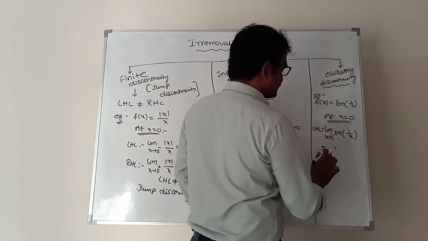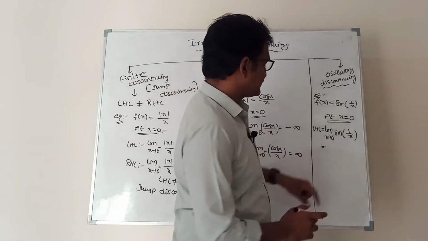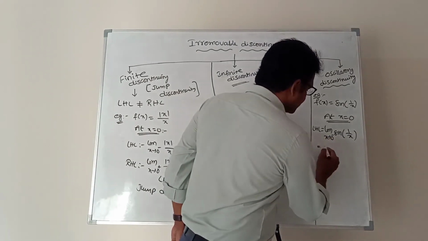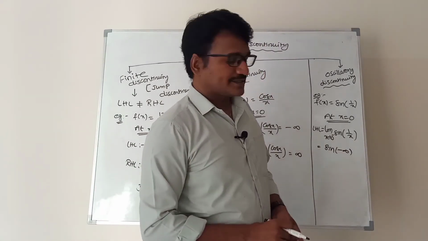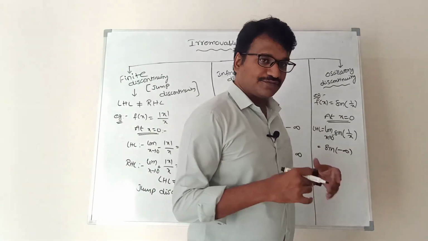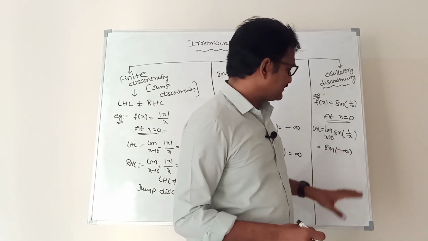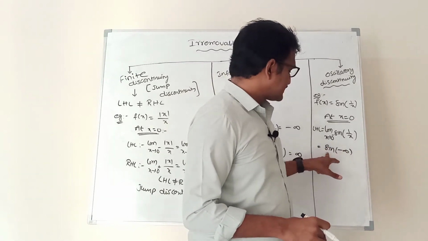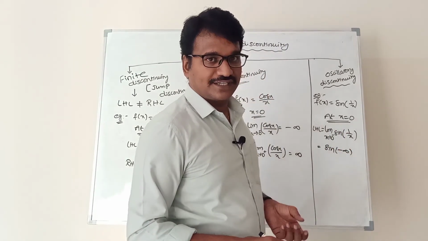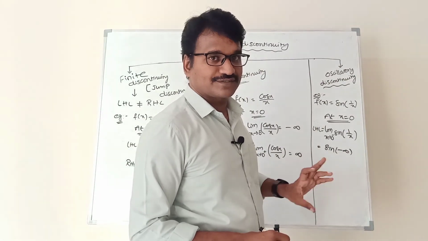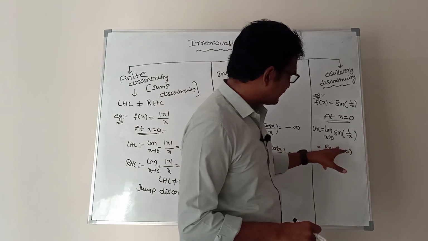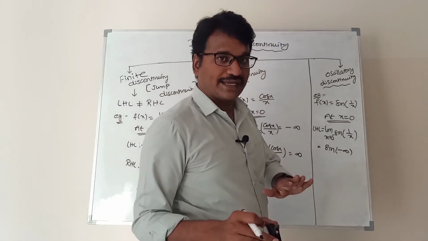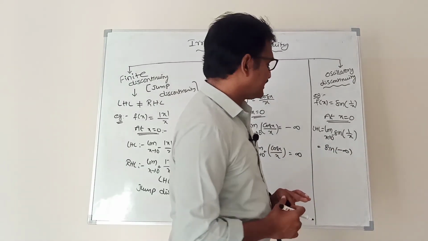The x value is 0 minus, which means this is sin of minus infinity. Whatever the input, the range of the sine function always lies between minus 1 and plus 1. So whatever input you give, the sine function will give a maximum of 1 and a minimum of minus 1.